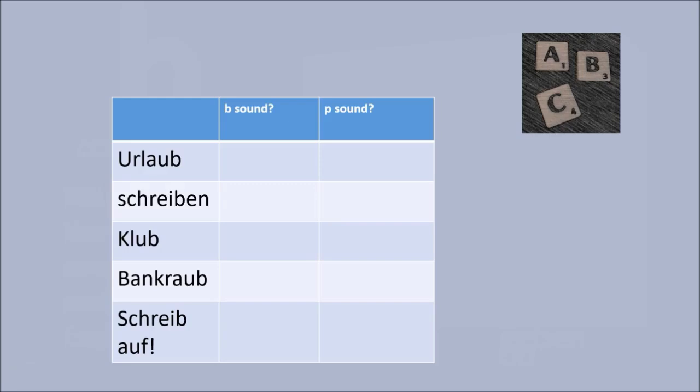Pause if you're not ready, but this is how you pronounce those words. Urlaub, schreiben, Club, Bankraub, schreib auf, so schreib. Nearly all of these had the P sound rather than the B.